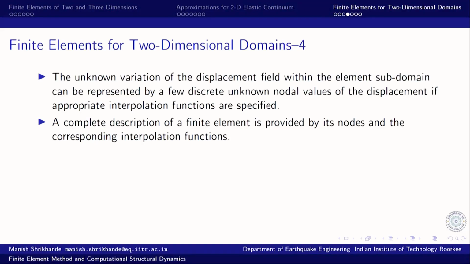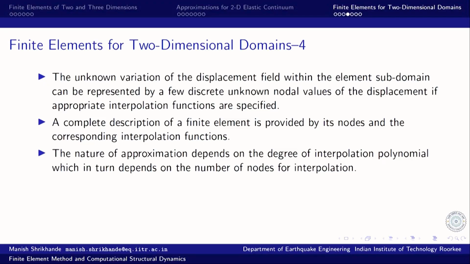And a complete description of a finite element is provided by its nodes and corresponding interpolation functions. So, if it is a 3 node triangular element, if I know where the nodes are located, the coordinates of the nodes, and if I define the interpolation functions for those nodes, that is the complete description of the triangular finite element that I need, right. I do not need anything else for formulating the problem in terms of that particular element.